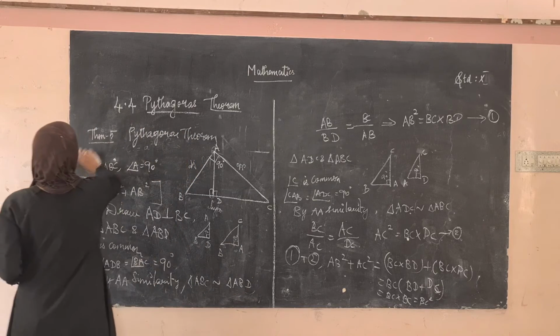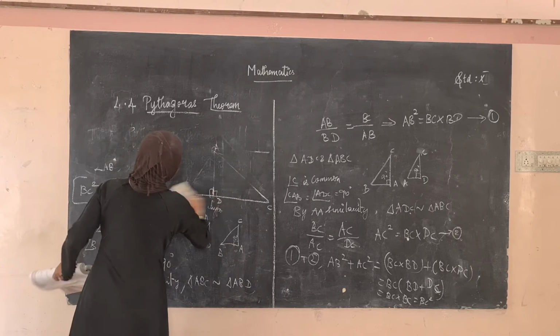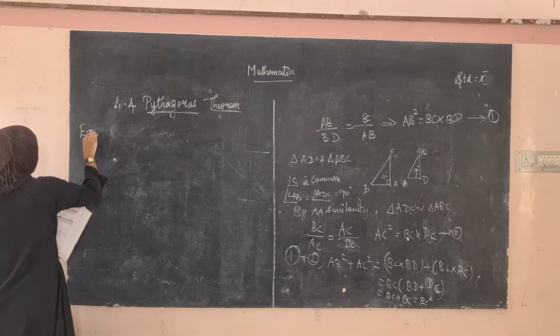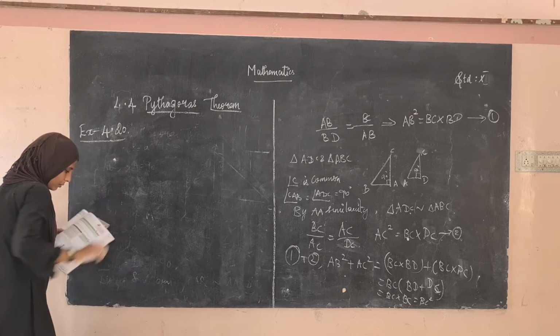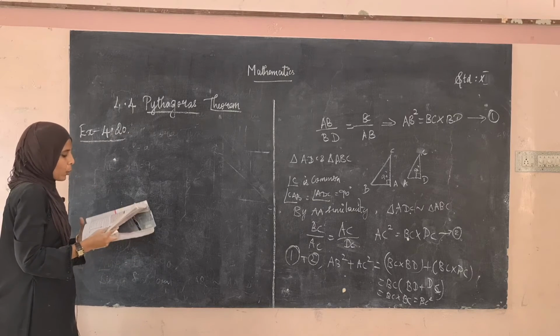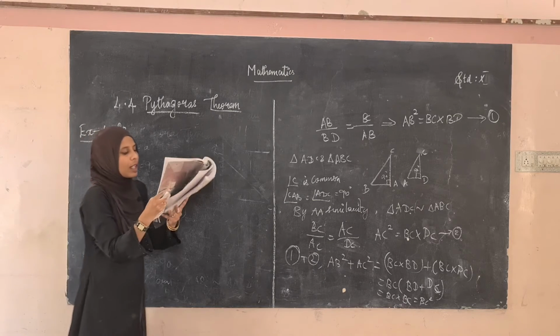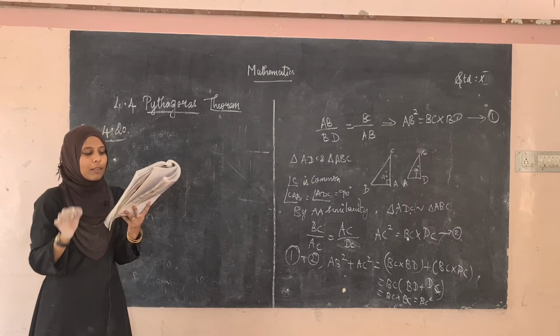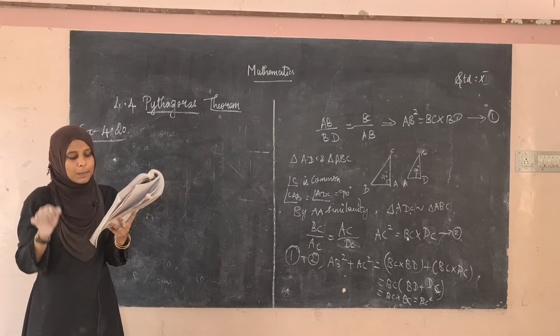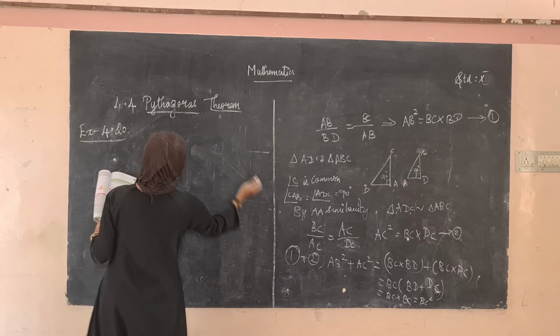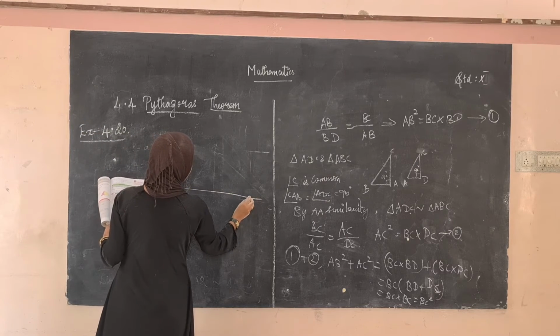Okay, now let us see example 4.20. See the question. An insect is initially 8 meters away from the foot of a lamp post, which is 6 meters tall. So at first there is an insect here.